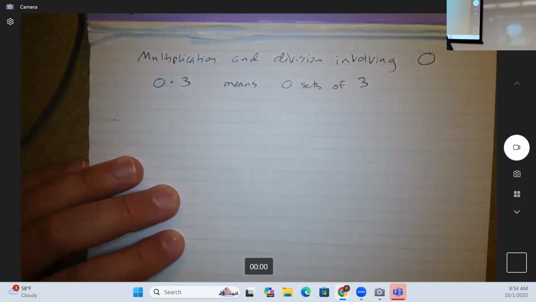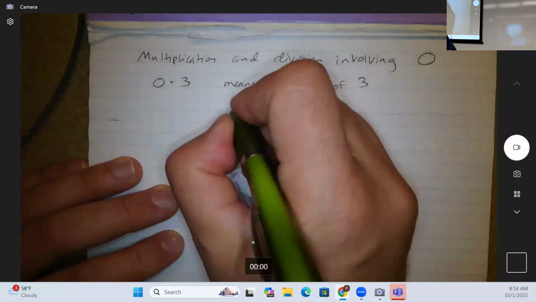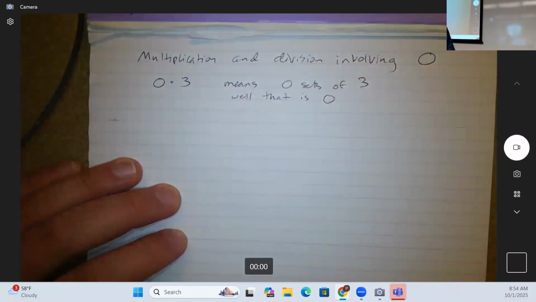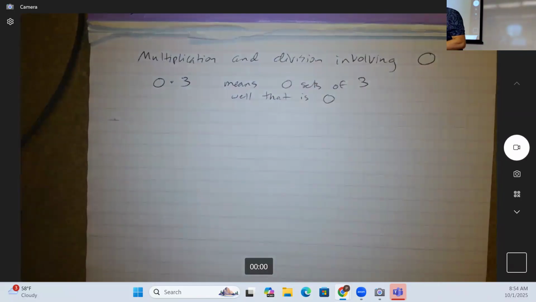If I have 0 sets of 3, how much do I have? 0, right? Well, that's nothing. And 0 sets of 3 bananas is 0 bananas. 0 sets of $3 is $0.